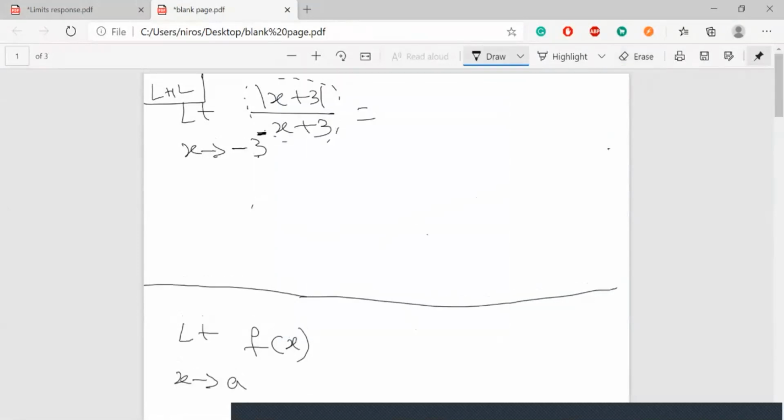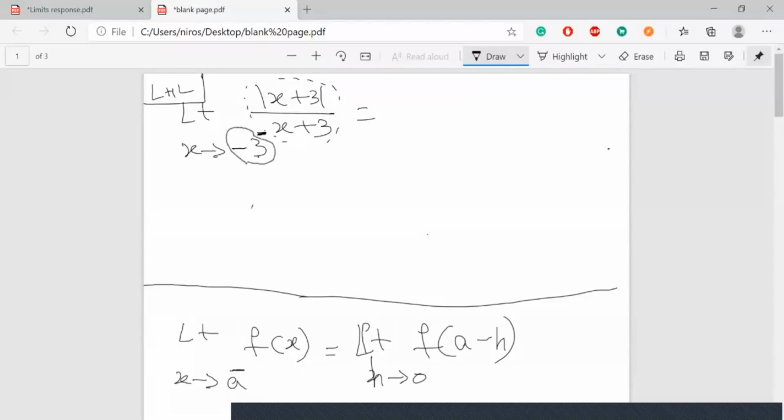So now we need the limit as x tends to a minus of f of x, right? Which means we have to find the limit as h tends to 0 of f of a minus h. So now we'll substitute. Here a is nothing but minus 3.